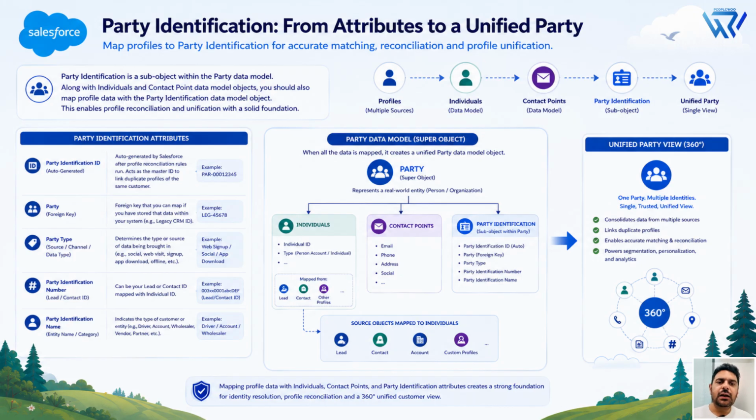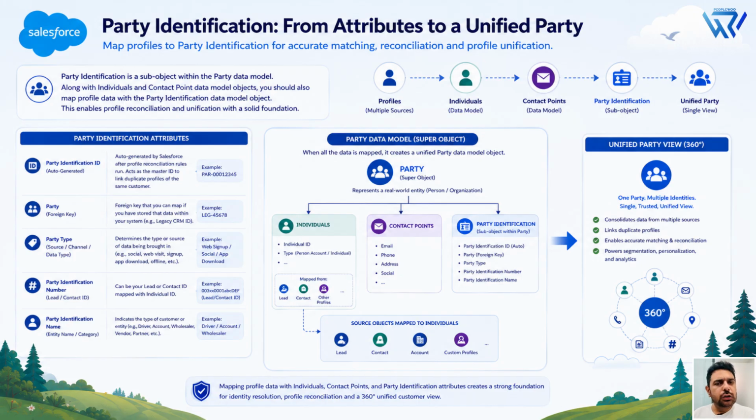Party identification data model object is a sub object within the party data model. Whenever we map all this data, it creates a unified party data model object. The party data model object contains individuals, and again individuals were mapped from leads, contacts, and other profiles you have got inside Data 360.